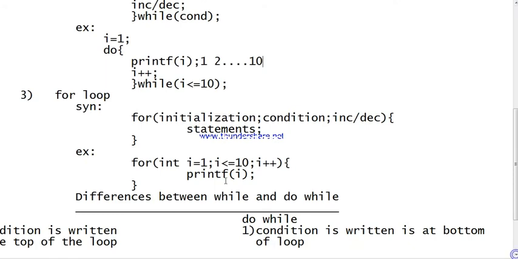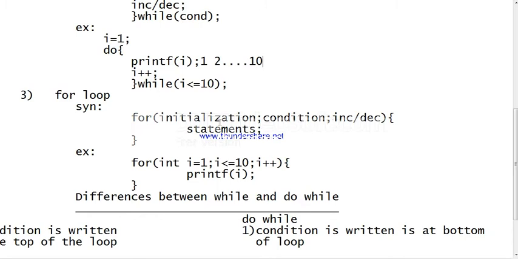Next we have the for loop. In a for loop we write three statements: initialization, condition, and increment or decrement operator, which are separated by semicolons.